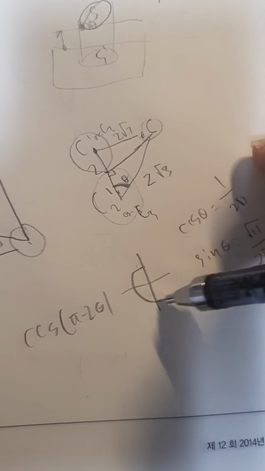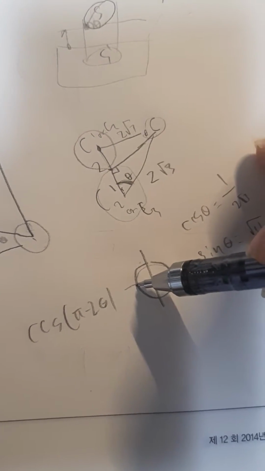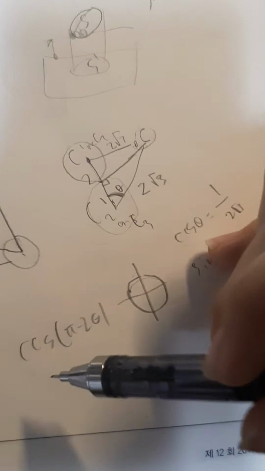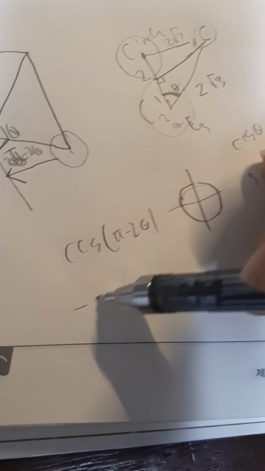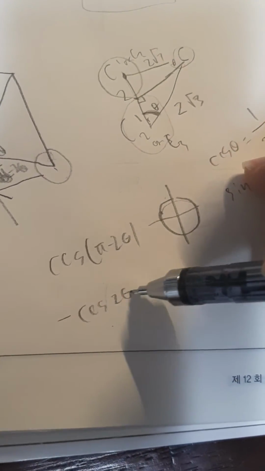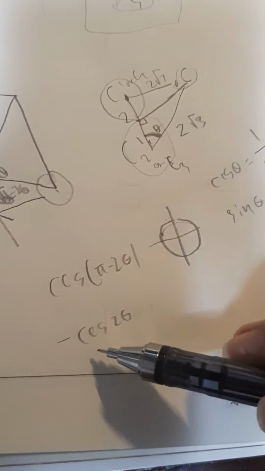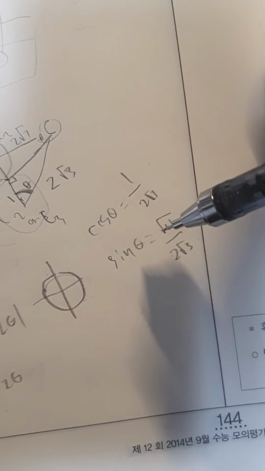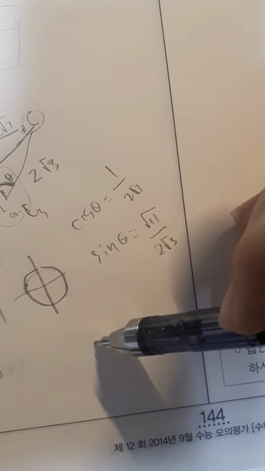And if you think about it, we draw a circle. We get pi and then whatever 2 theta is, that would equal negative cosine 2 theta, right? So how do you get negative cosine 2 theta from these two? It's pretty simple.